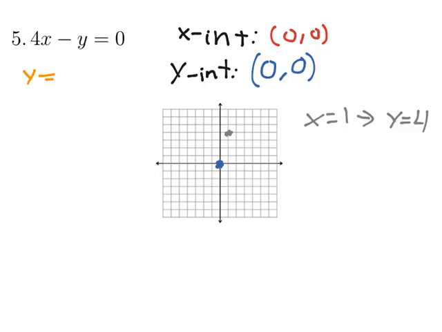We have y equals 4x. And in this case, the slope is 4, so we know to go up 4, 1, 2, 3, 4, and over 1. And we get the exact same thing, so we can connect the dots and get our line. Not a very good line, but still.